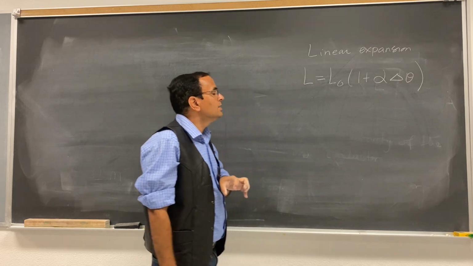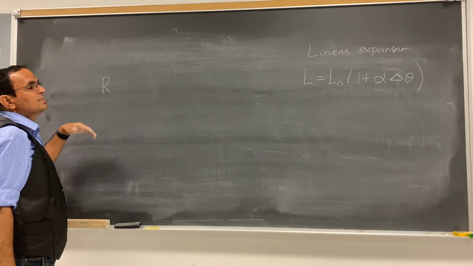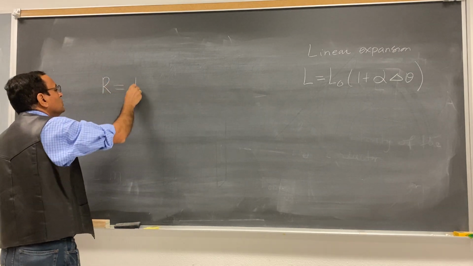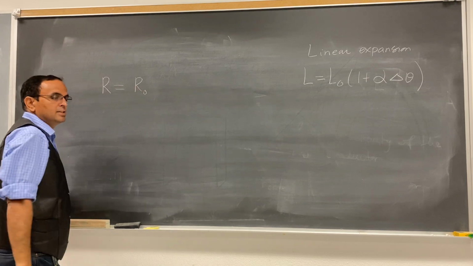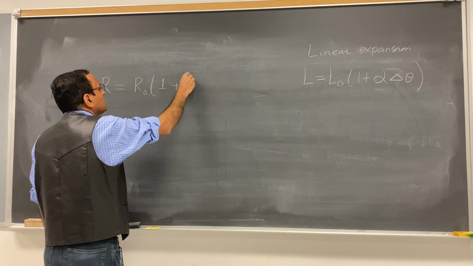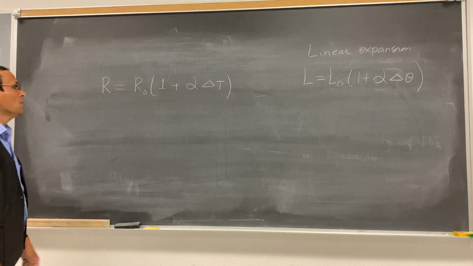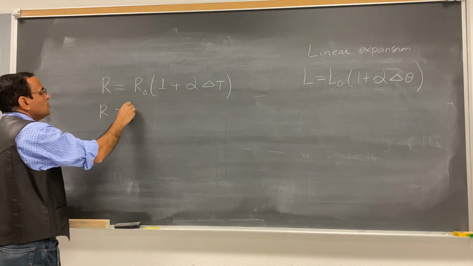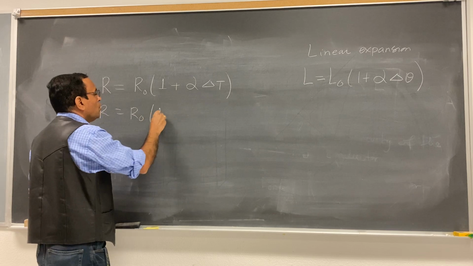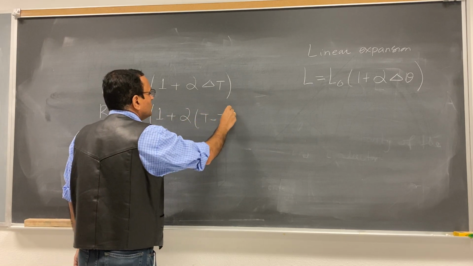Here in the electricity chapter, the resistance R also changes with temperature, and you can write it the same way: R equals R0, the initial resistance, or the resistance at room temperature, times 1 plus alpha delta T. Or you can write R equals R0 times 1 plus alpha, where the change in temperature is T minus T0.